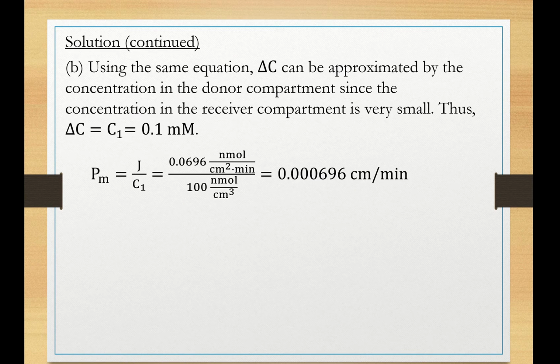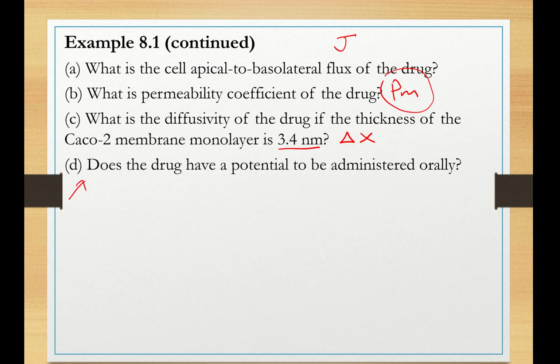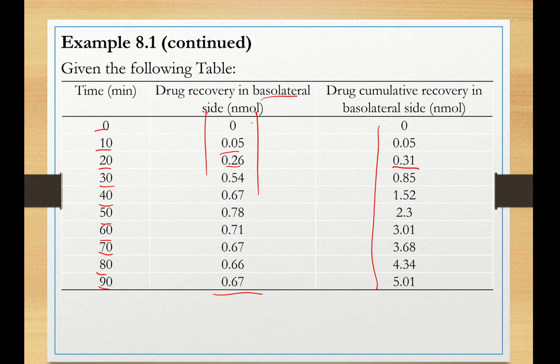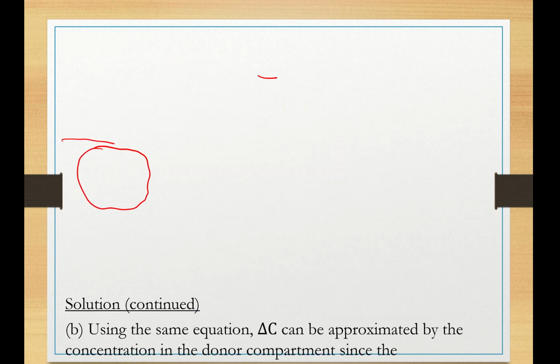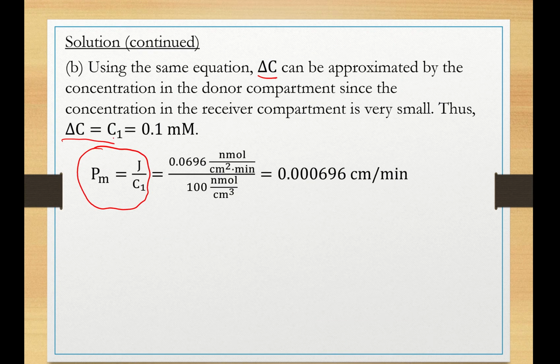Now, using the same equation, we can determine the permeability coefficient. So now we can solve that equation for the permeability coefficient, and approximating delta C as being equal to C1, because the concentration of the donor, if you see the table back here again, is nanomolar compared to 0.1 millimolar. That's like almost a million times higher, right? So we can safely approximate it to equal to C1.